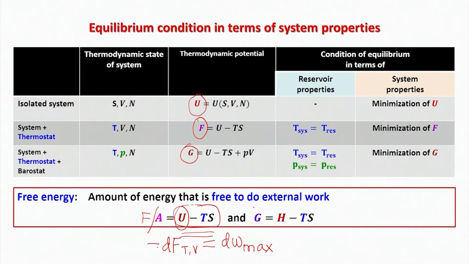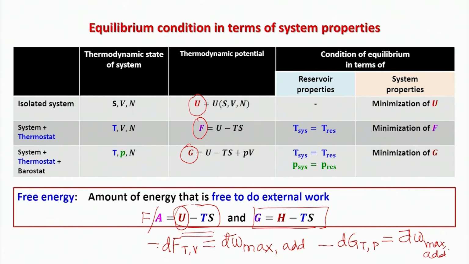And similar conditions have been seen for the Gibbs free energy, and therefore in that case what we saw was minus dG_TP is equal to dW_max additional.